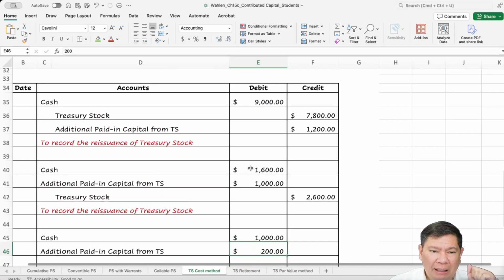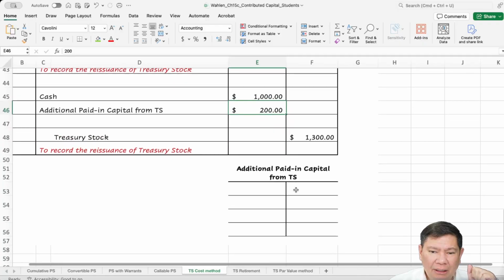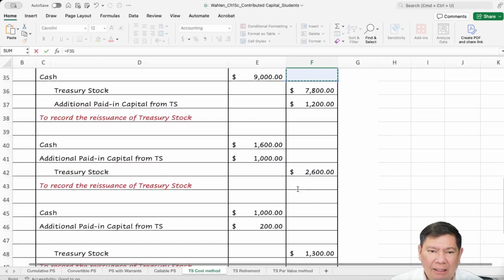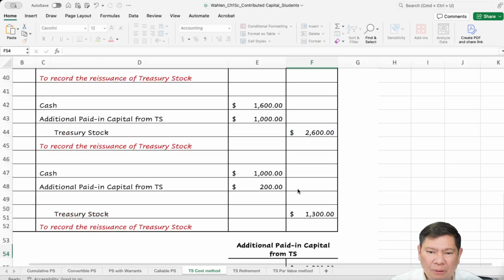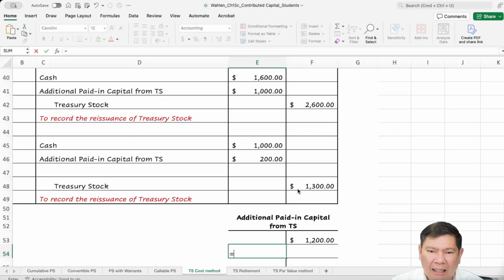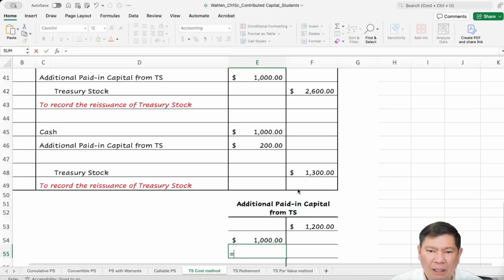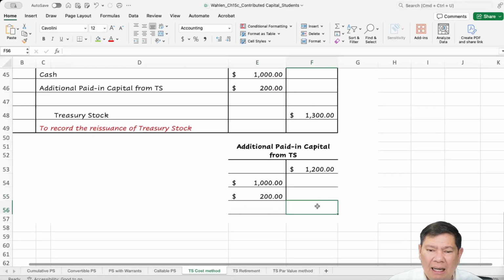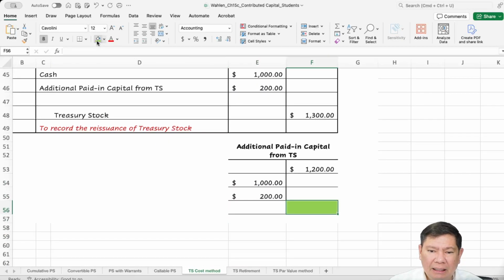Actually, I prepared a T account. Okay, so first we created this 1,200, and then we used 1,000, and then we used 200. Now the value is 0, so we cannot use that anymore.